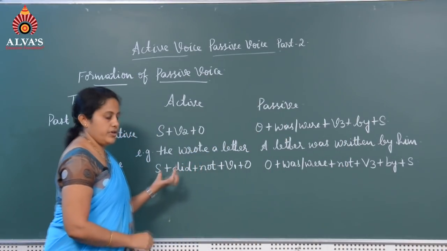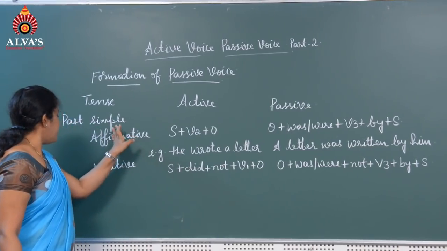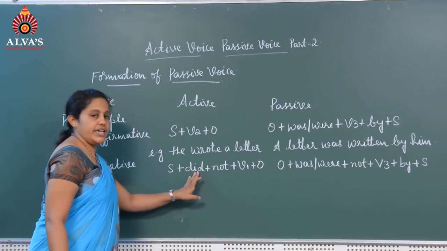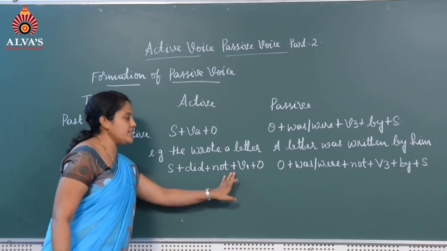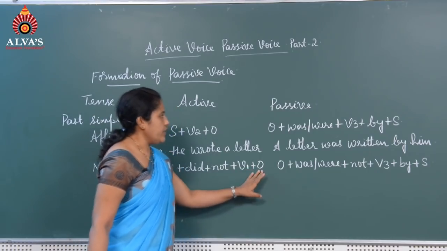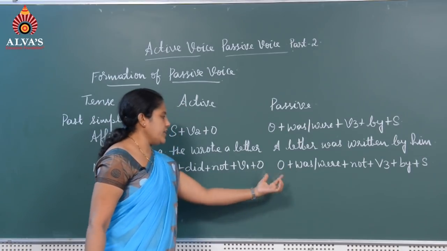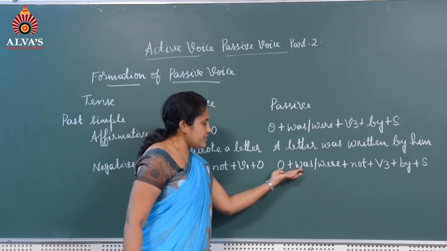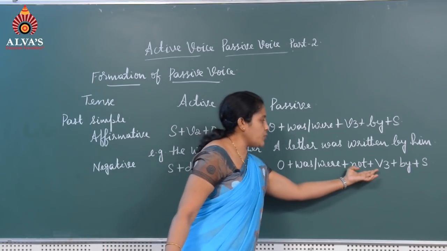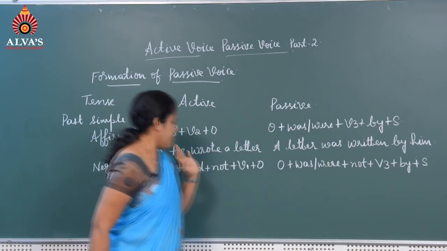So, we have to keep in mind that in the active voice, the past simple negative sentence formula is subject plus did plus not plus V1, that is first form of the verb, plus object. When it comes to the passive voice, subject becomes object: object plus was or were plus not plus V3 form plus by plus subject.